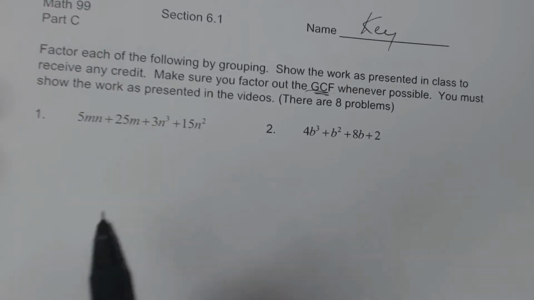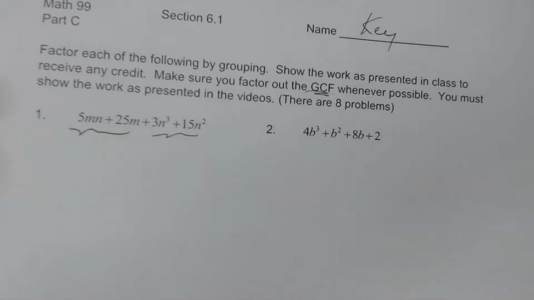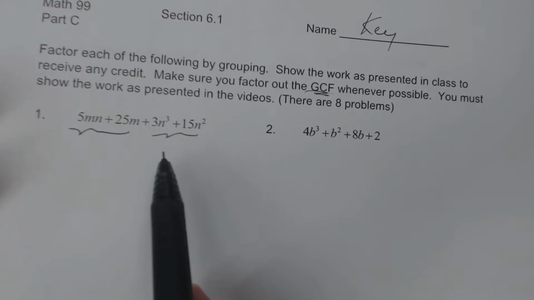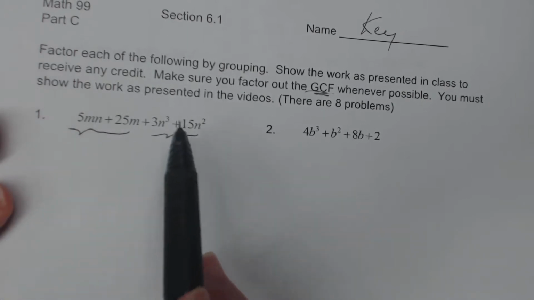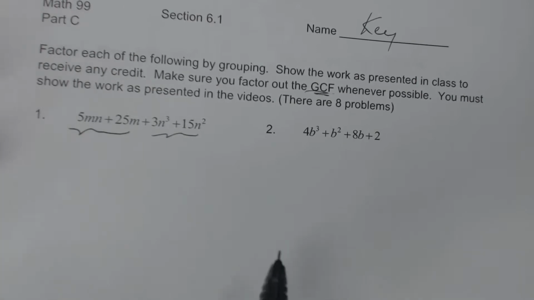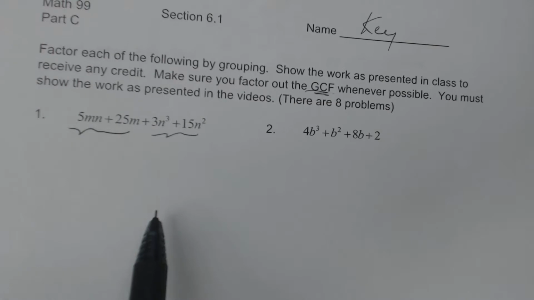But in this case, it is 1. So then you're going to group the first 2 and the last 2. There are times when the first 2 and the last 2 do not work, so you may have to switch some terms around to make it work. But in this worksheet, grouping the first 2 and the last 2 will be enough.